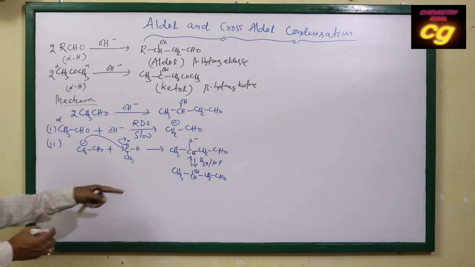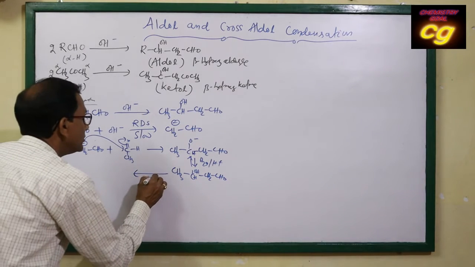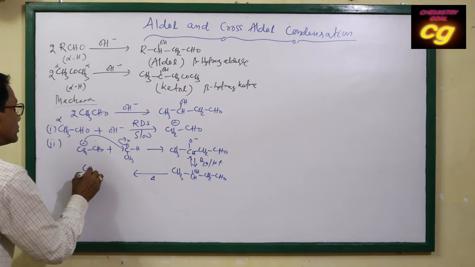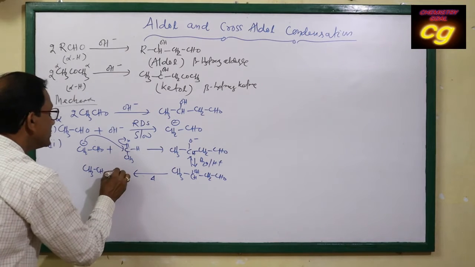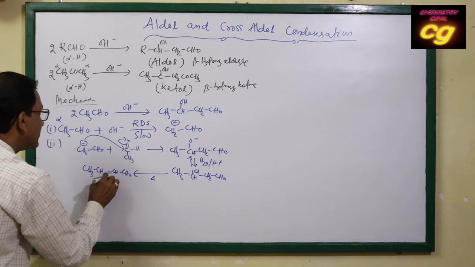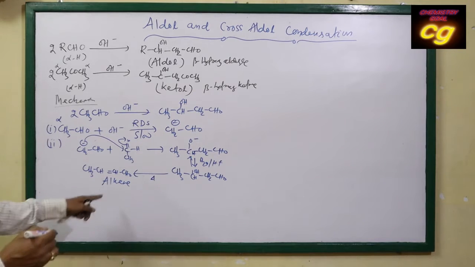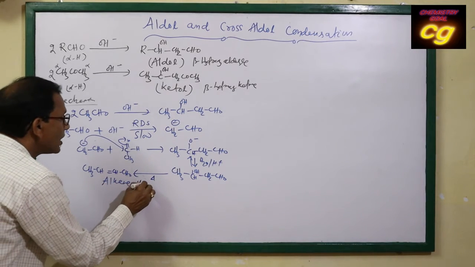But this product produces an elimination product on heating. It loses a water molecule and produces CH3CH double bond CHCHO, an alkene, and the functional group formed is an alkene with an aldehyde group.